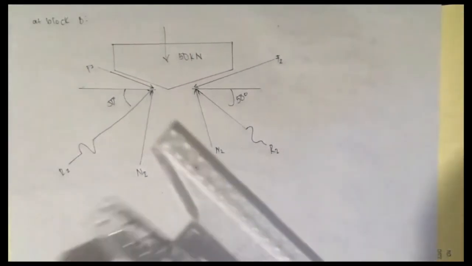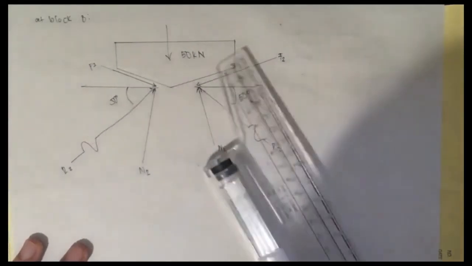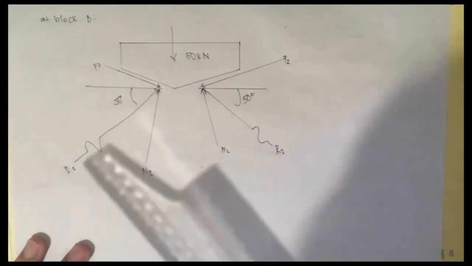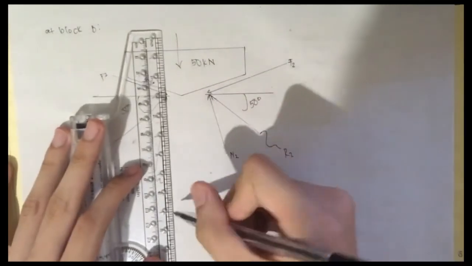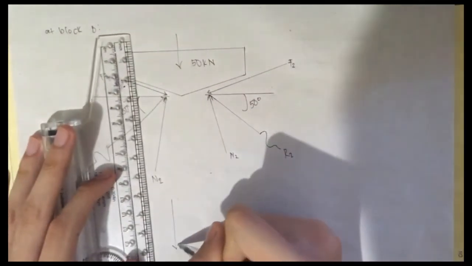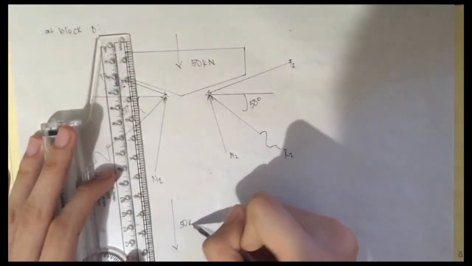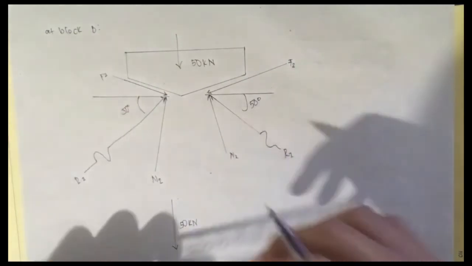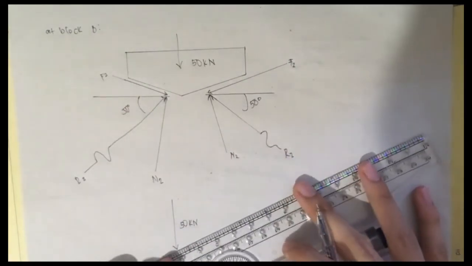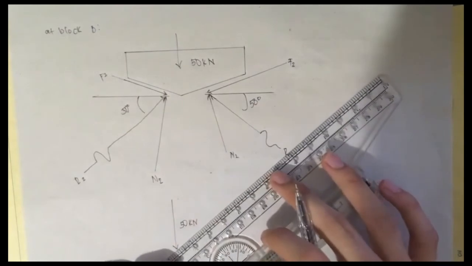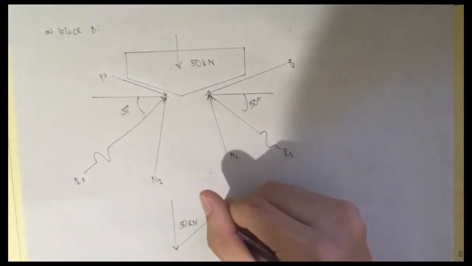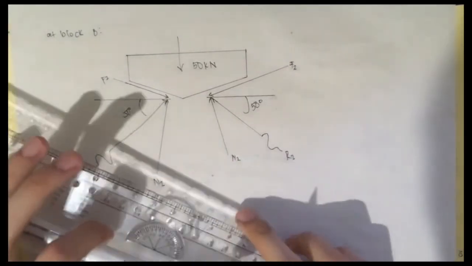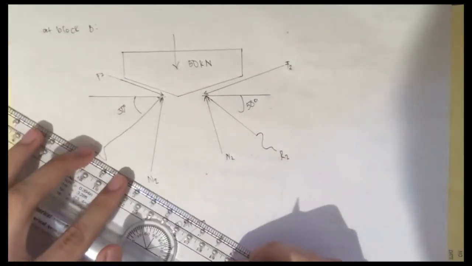And now we will equate the force triangle. So 50 kilonewton, R2 here, and the other R2 here.